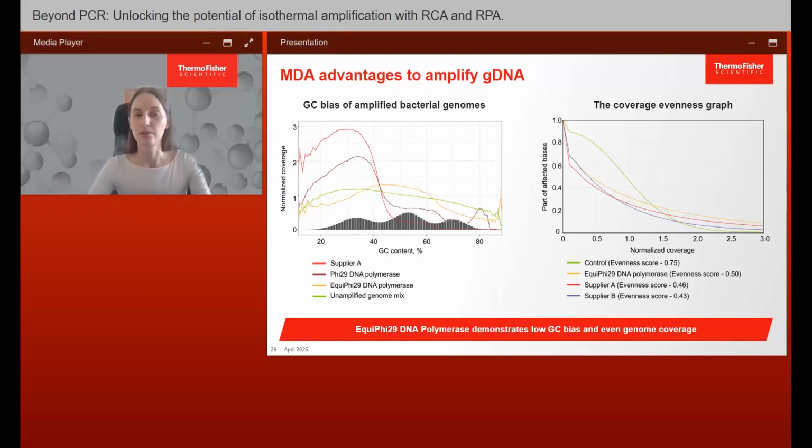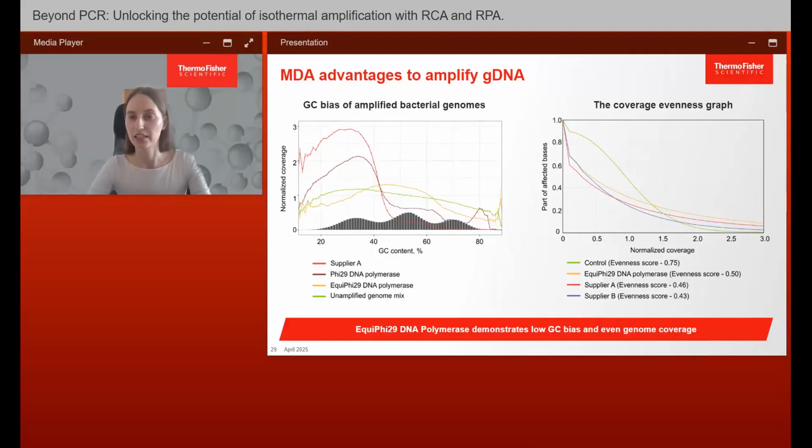So here we are looking at the coverage evenness of single-cell genomes that were pre-amplified using MDA reaction. And ideally, we want every base to be sequenced with the same coverage, a perfect score of 1. But as we know, nothing is perfect in the real world, and our control amplified genome, labeled in green, had an evenness score of 0.75.